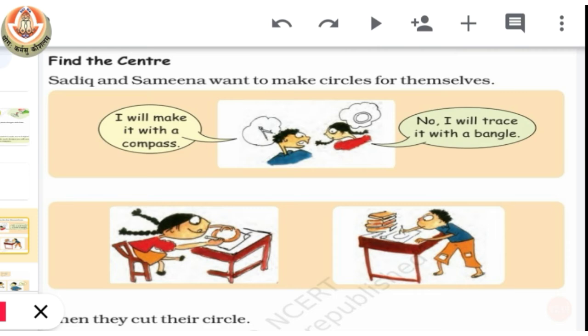Now, the one using a compass can easily find its center, but for the one using a bangle, finding the center of the circle is difficult because there is no center point as in the case of the compass. So let's see how we can find the center of a circle where we don't know where it is.